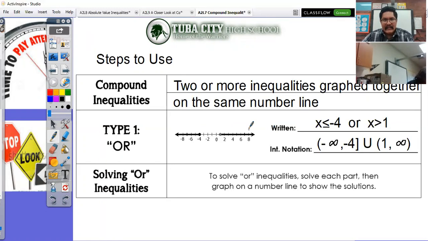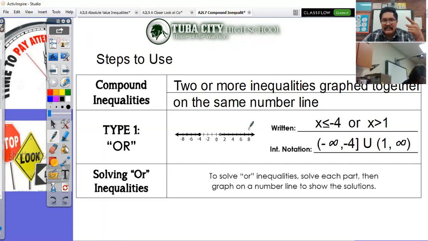Now, in this case, I can choose one or the other. It's kind of like if you're at the lunch line, you might get a choice of hamburger or pizza, right? You can only pick one of those items. Or if you're going to apply for a job, they might say you need some kind of ID, and they'll give you a big list of them.